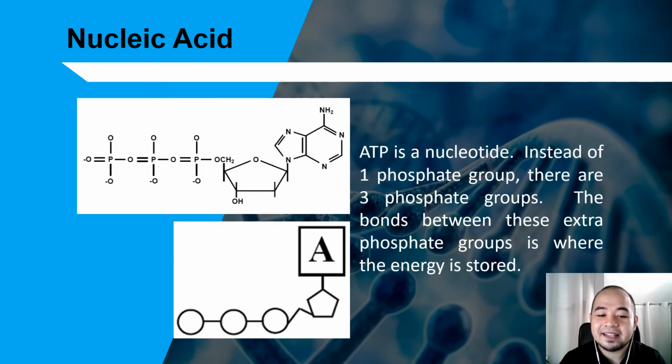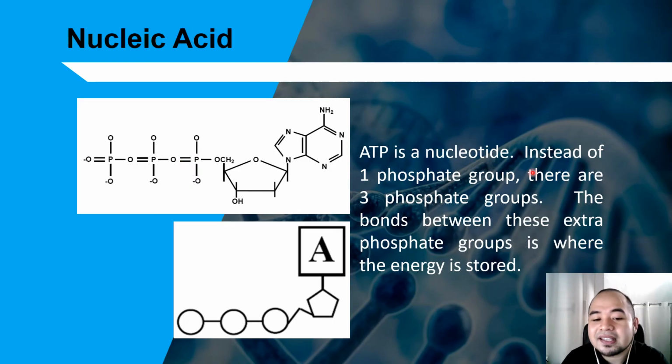So, another example of nucleic acid is the famous ATP. Why? Because we have the phosphate group, we have the pentose sugar, and then we have the nitrogenous base, and we have here the phosphate group. Adenosine triphosphate kasi nga tatlo yung phosphate group niya.